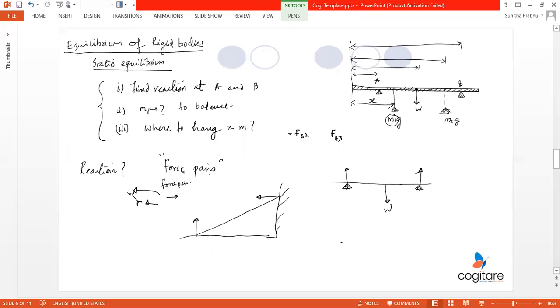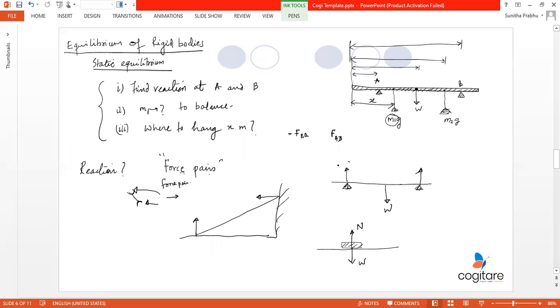Then if a book is on the table, the table is going to give a force, a normal reaction, this side. The weight will be acting in this direction. Is it okay, guys?